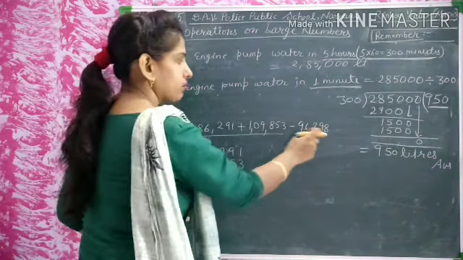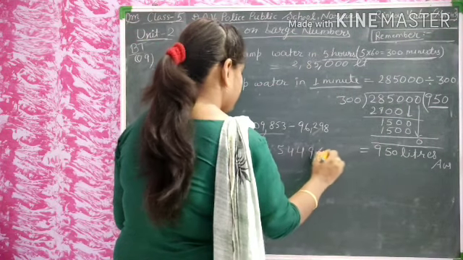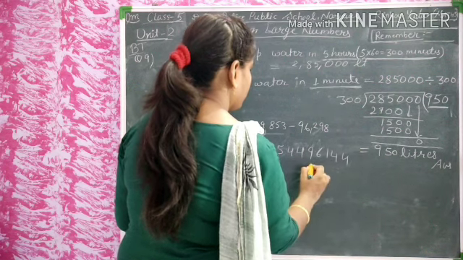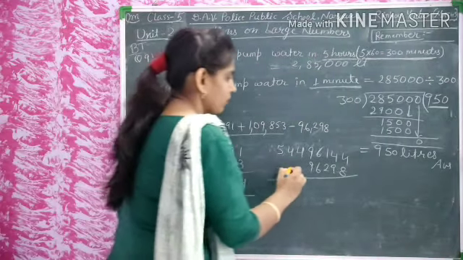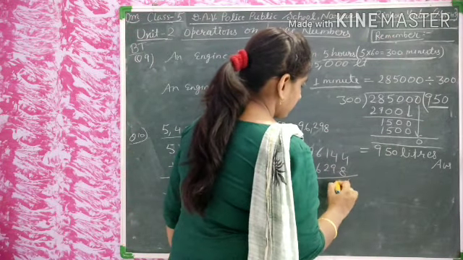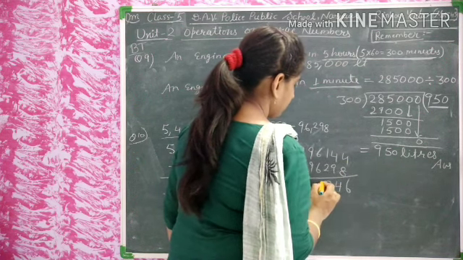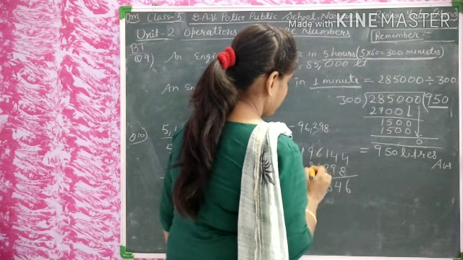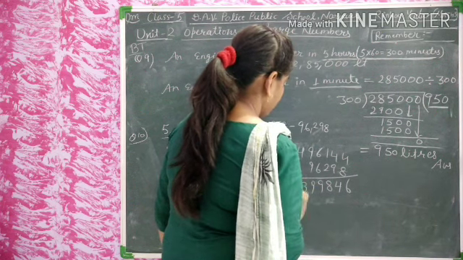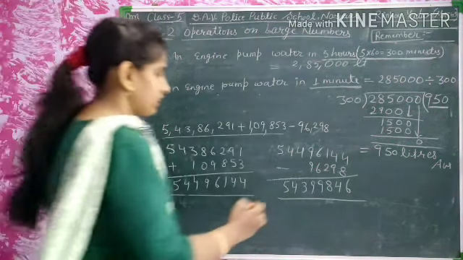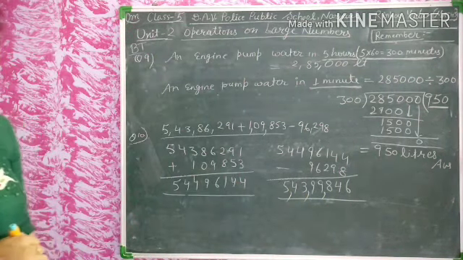Next, subtract from this. So 5, 4, 4, 9, 6, 1, 4, 4. We are subtracting 2, 9, 8. We get this, the answer. This is your answer.